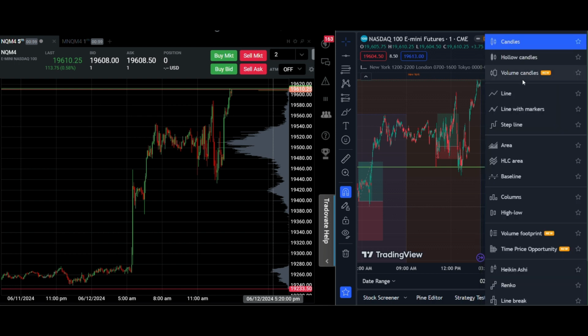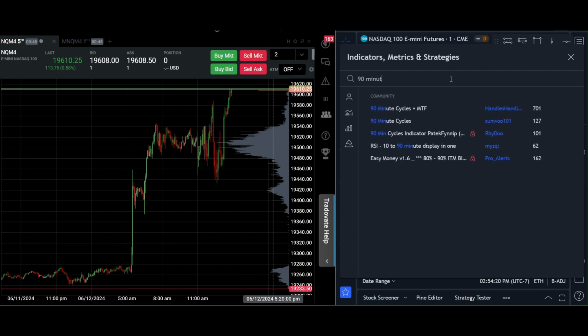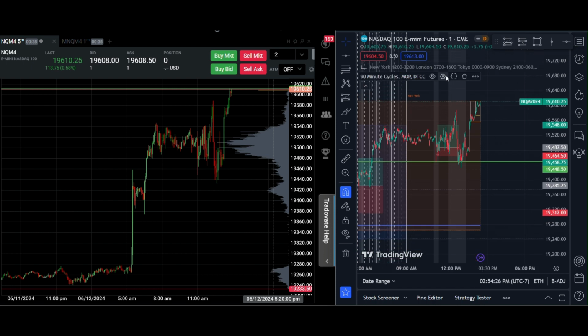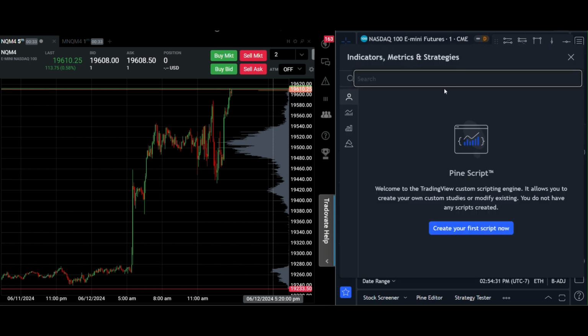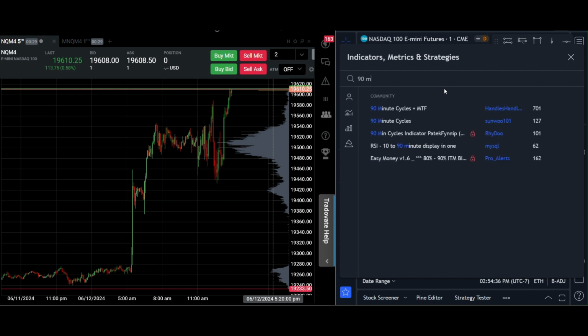Or if you want to see New York accumulation, manipulation, and distribution, you would go to 90-minute cycles. These 90-minute cycles. Wrong way. I can't find it, but you'll know the right one because it's super clean. Cycles. 90-minute cycles plus.